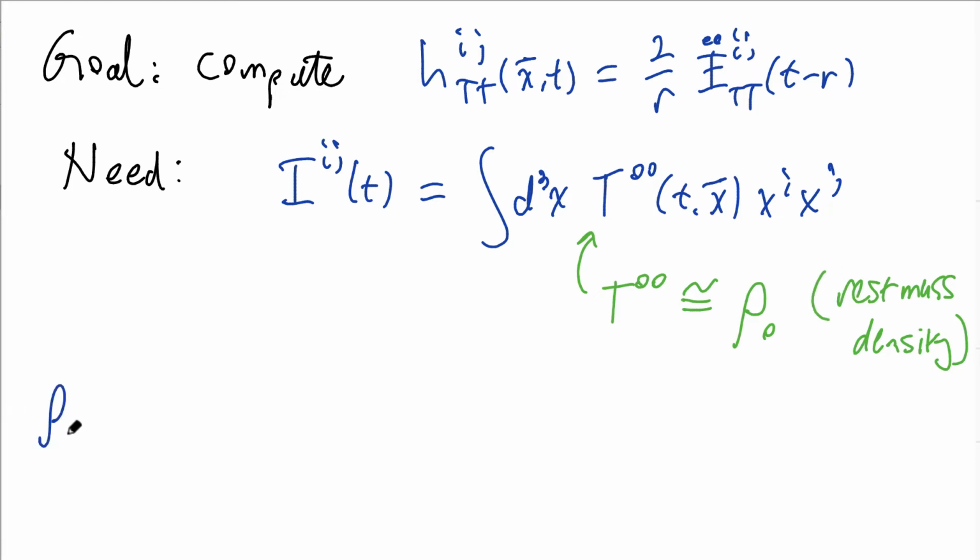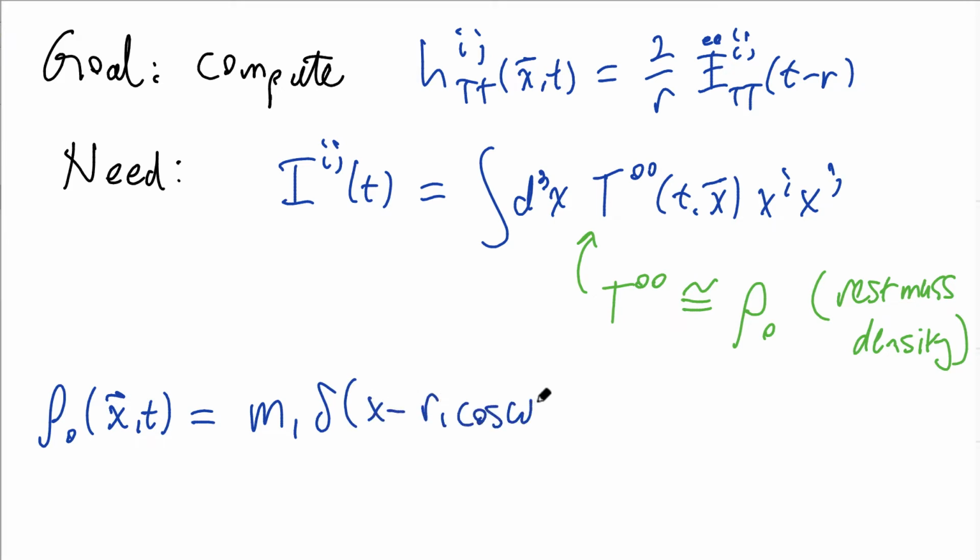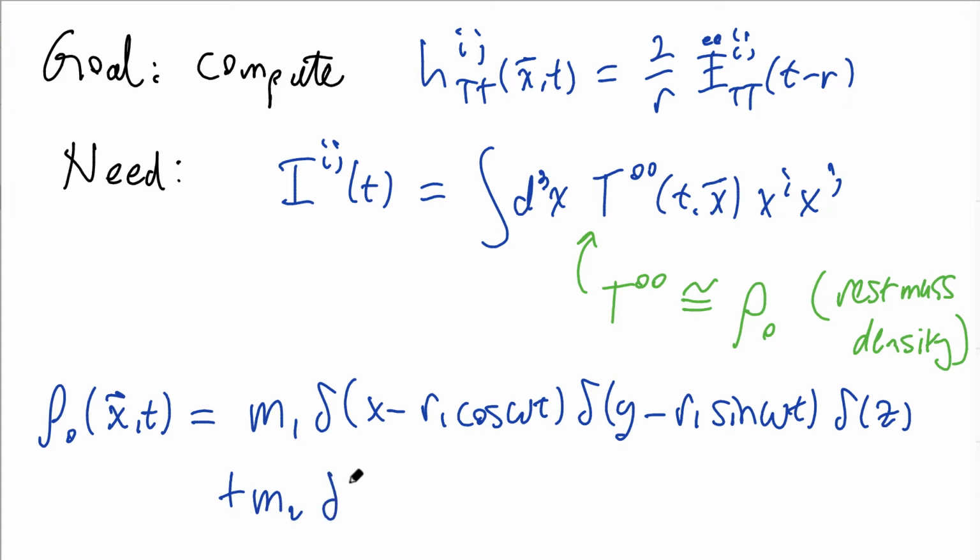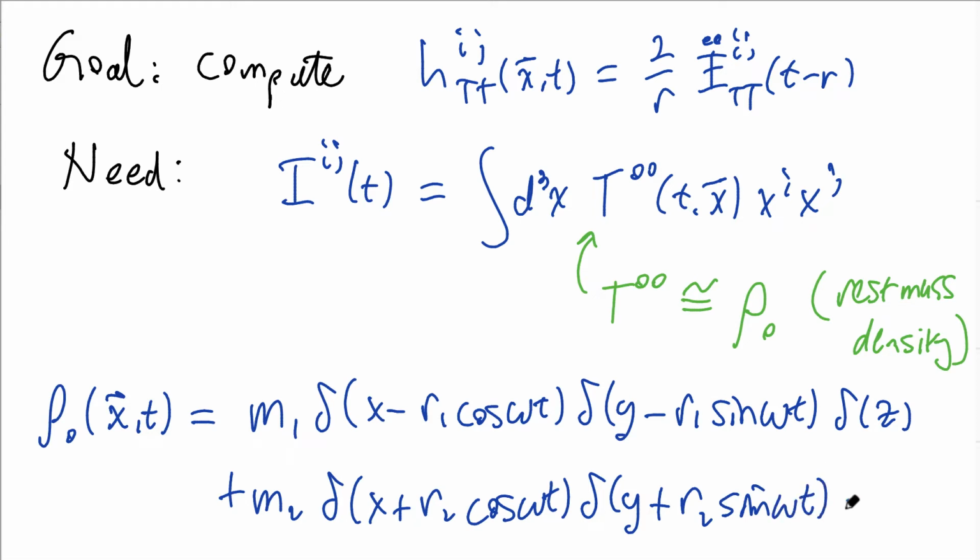Now the rest mass density at location x and time t can be written in terms of Dirac delta functions as m1 times delta of x minus r1 cosine omega t times delta y minus r1 sine omega t times delta z plus m2 times delta x plus r2 cosine omega t delta y plus r2 times sine omega t times delta z.